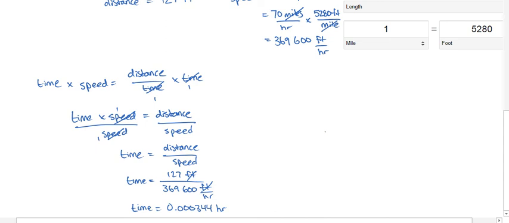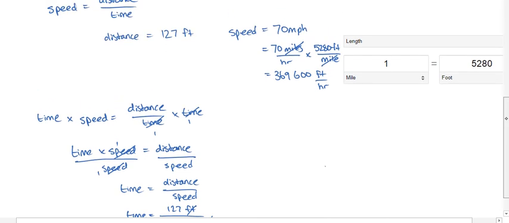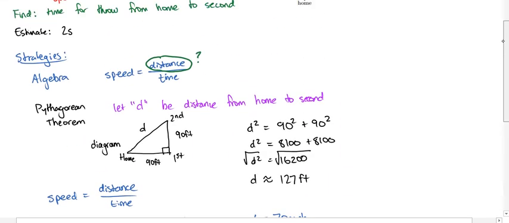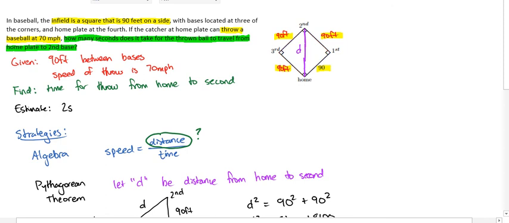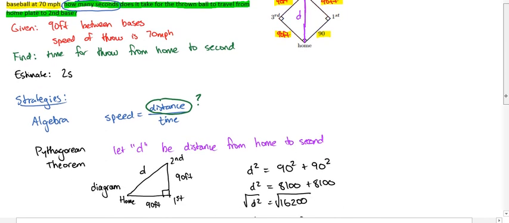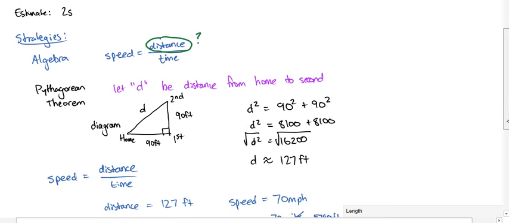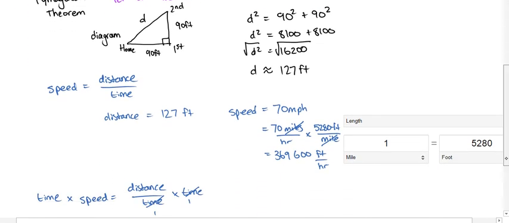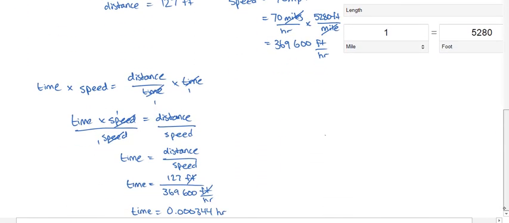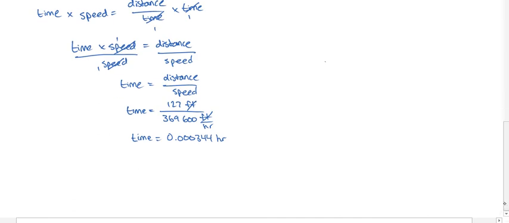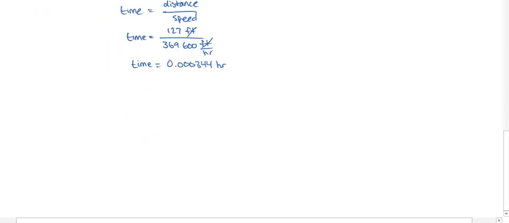Tempting to think I'm done, but I'm actually not, because if we go back to the question, it's asking for a response in seconds. So I've used an algebraic strategy, I've used a diagram, used another algebraic strategy, which is the Pythagorean theorem, calculated the time, but now I need to actually do a unit conversion to be able to properly answer the question.